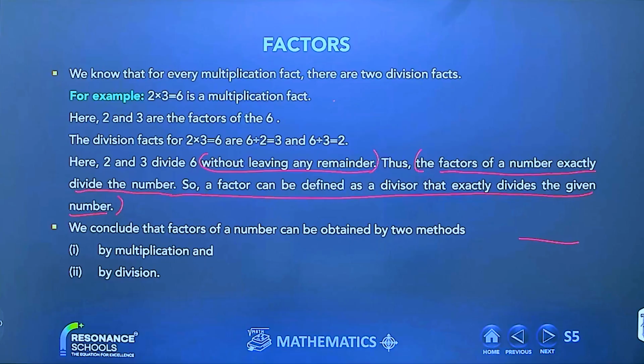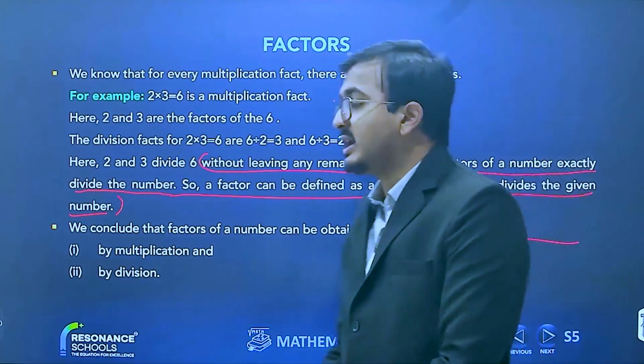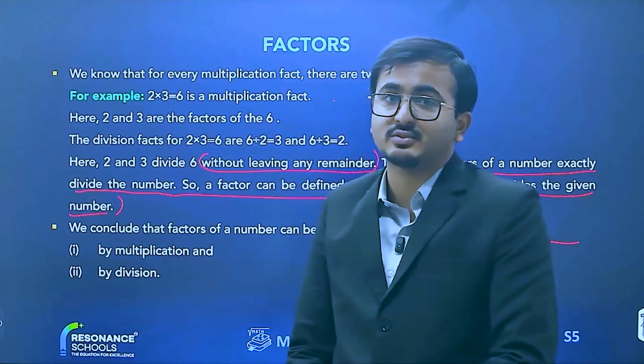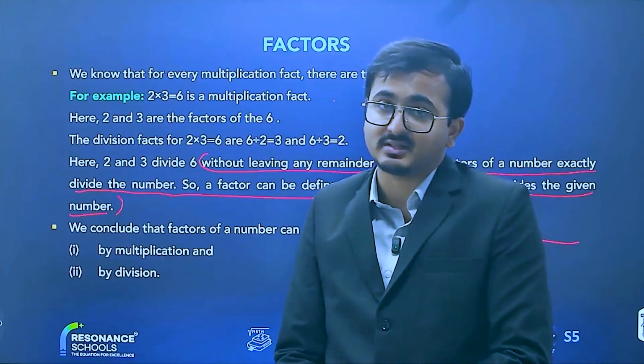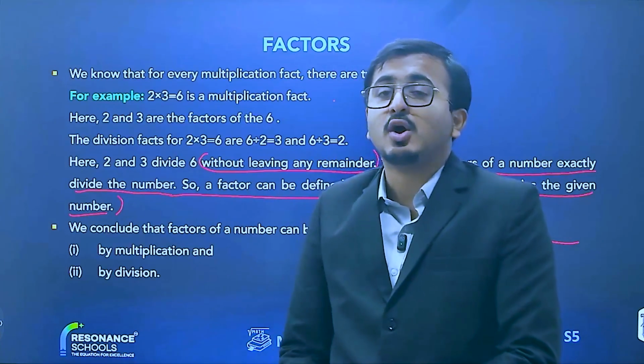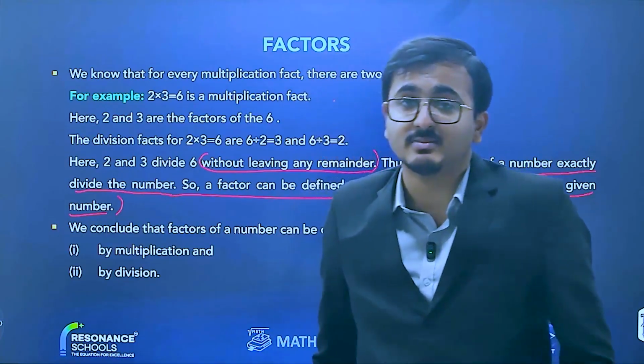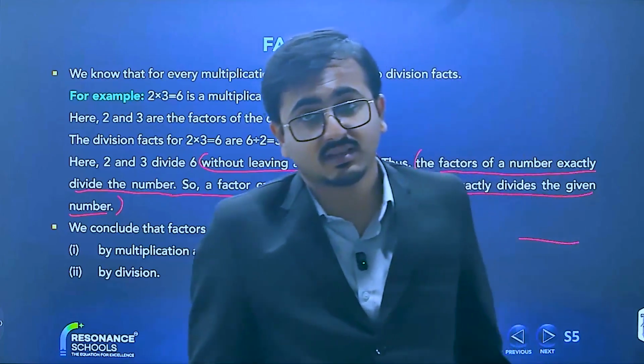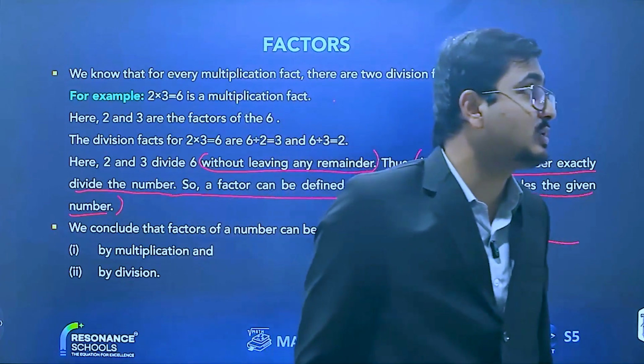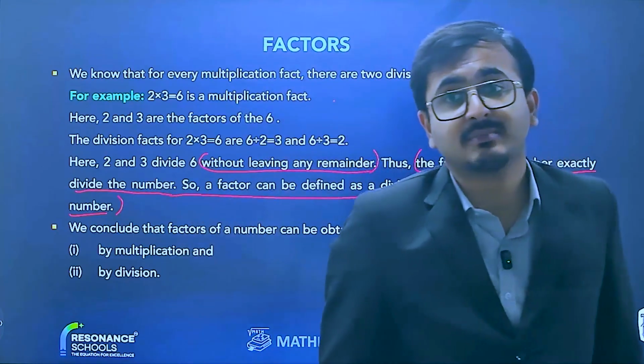Explain example, sir. Where is the example? Example, you can see there are 2 and 3 over. So 2 into 3 is there. So 2 and 3 will become the factors of 6. Also we can find by dividing it: 6 divided by 2, we are getting a perfect number 3, and 6 divided by 3 you are getting a perfect number 2.